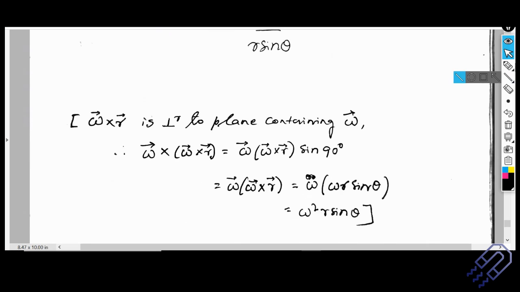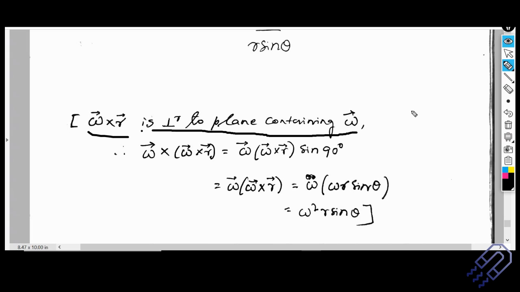So omega cross r. These are steps which I have not found in most of the books, but I tried to write them down so that it's clearer to you all. Omega cross r is basically a triple product. Omega cross r is perpendicular to the plane containing omega bar.